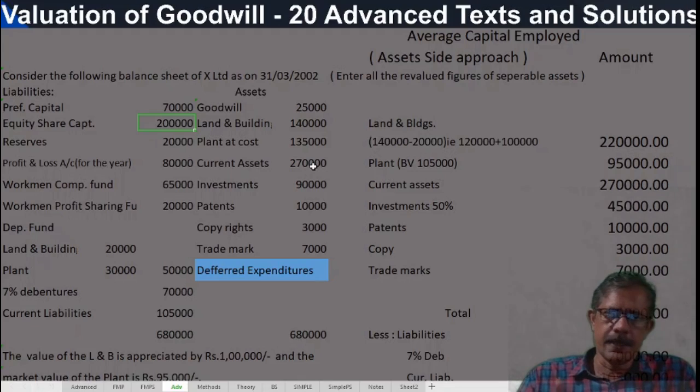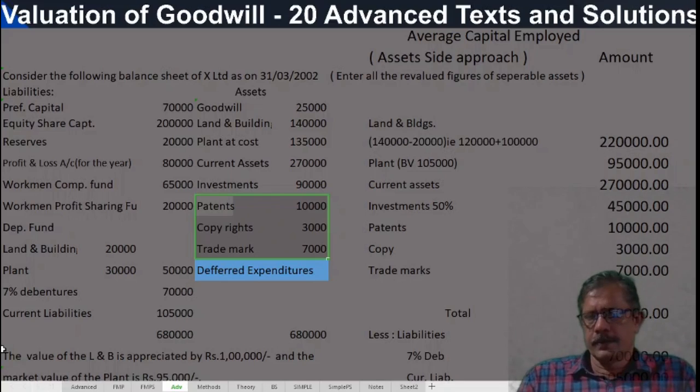Otherwise, if only a one-year balance sheet is given, find out the net separable assets. Net separable assets means what? Excluding goodwill and deferred expenditures, take all other assets. It may include intangibles also. All other assets at new values.